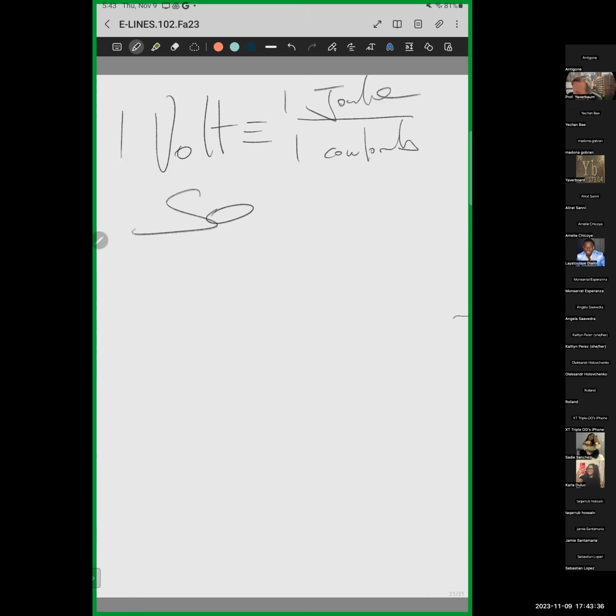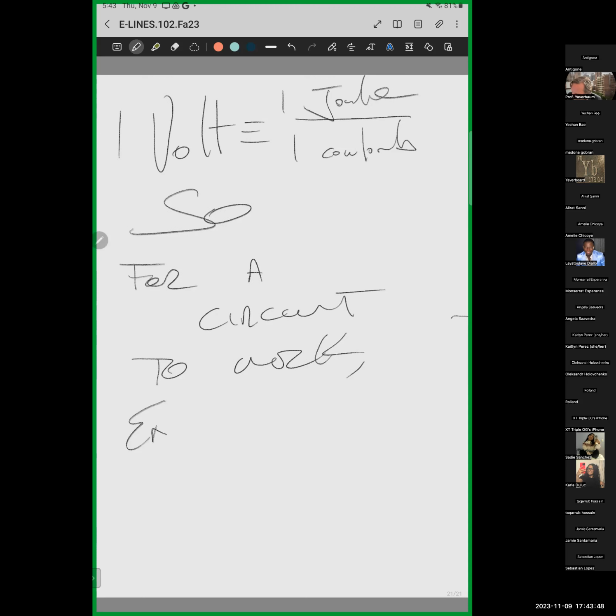And this is the last thing I'm going to say: for a circuit to work, energy must be conserved. The whole premise on which circuitry rests is the conservation of energy.